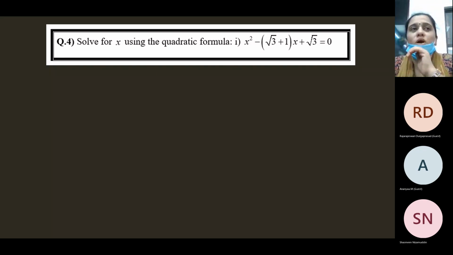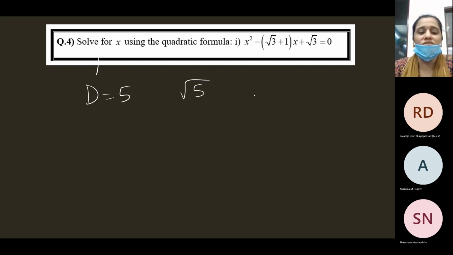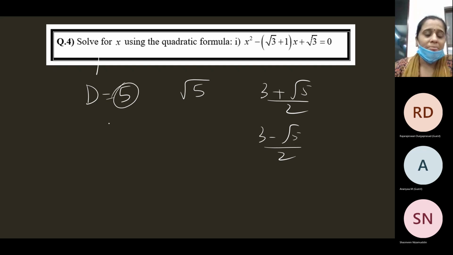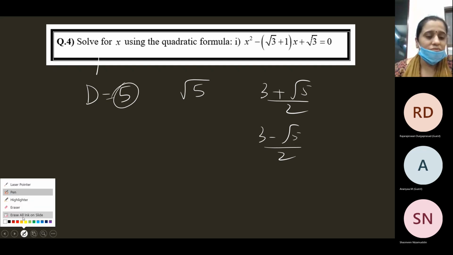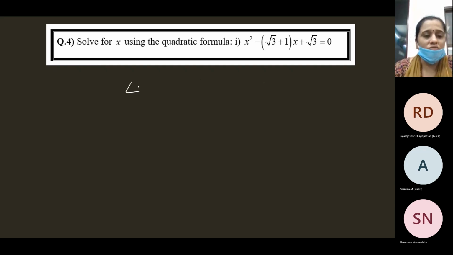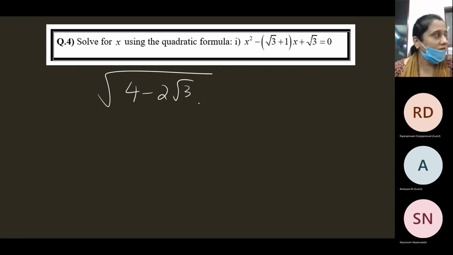Now, what we have to think is, if D is say 5, that's fine because it will be root 5. You can say something like 3 plus root 5 by 2, 3 minus root 5 by 2, so you're not worried that 5 is not a perfect square. But mostly when it's an expression, like what you have, 4 minus 2 root 3, root of this, if it is not a perfect square, you cannot leave the answer like plus this one and minus this one.